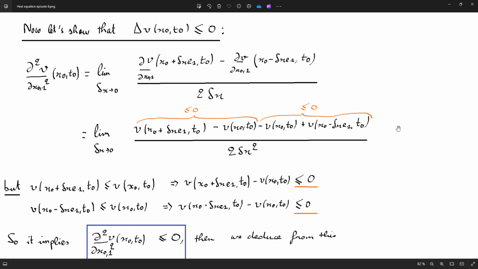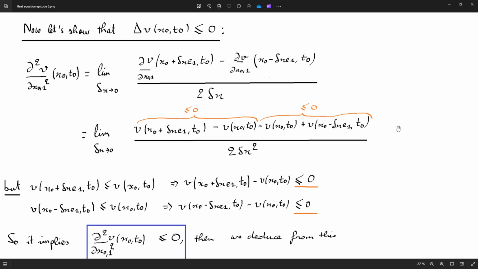The second partial derivative of v with respect to x0,1, the first coordinate of x0, in (x0, t0) is equal, by definition, to the limit when delta x goes to 0 of the partial derivative of v with respect to x0,1 in (x0 plus delta x e1, t0) minus the derivative of v with respect to x0,1 in (x0 minus delta x e1, t0) over 2 delta x, with e1 the vector having only 1 in the first position and 0 everywhere else.